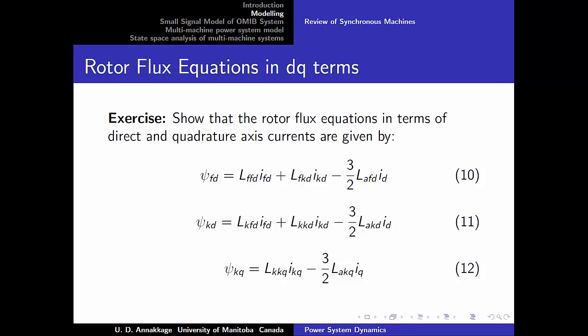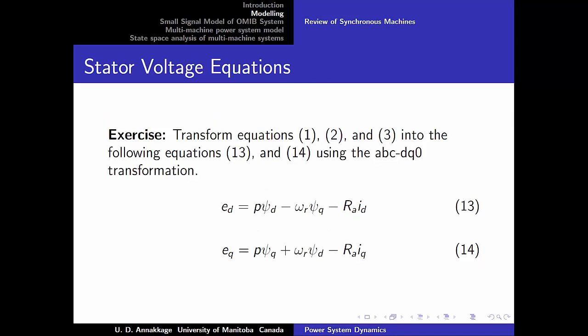Now if we look at the voltage equations, the voltage across fictitious winding D, ED, consists of three terms. Two of the terms are familiar, the rate of change of flux term and the resistive drop term. The other term in the middle is proportional to the speed of the rotor.